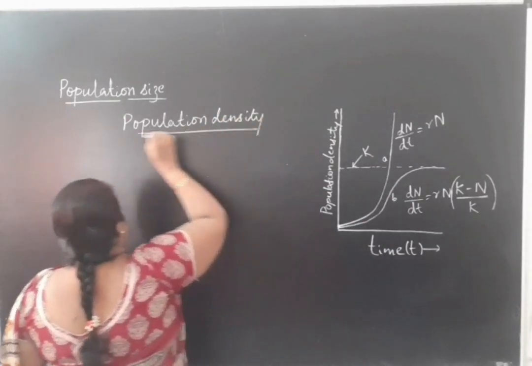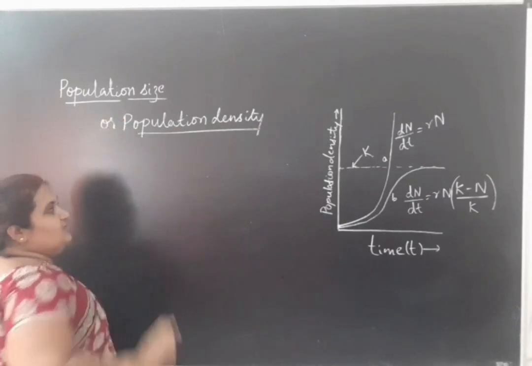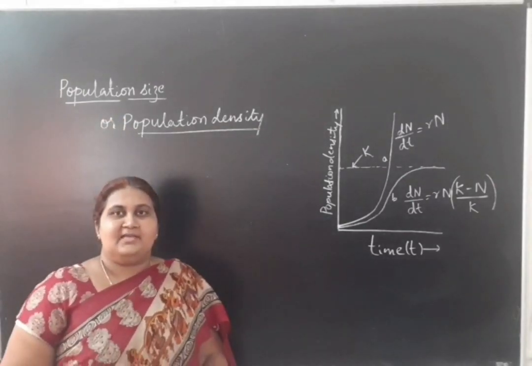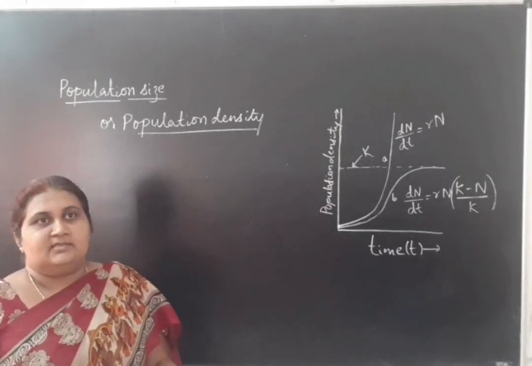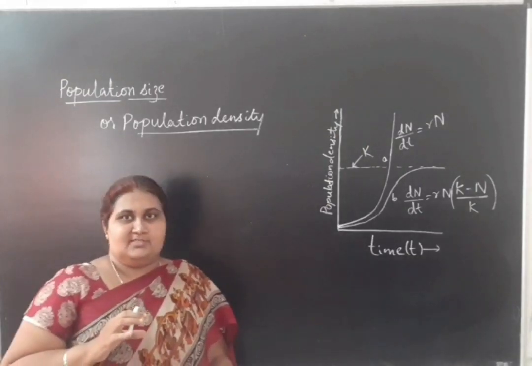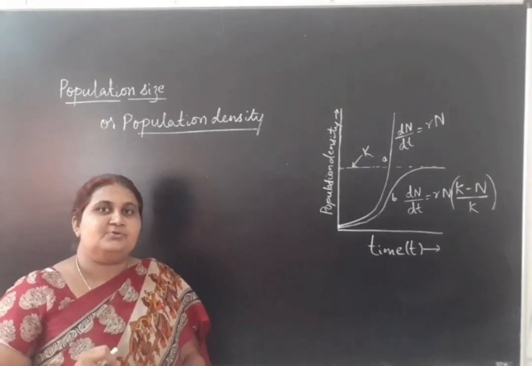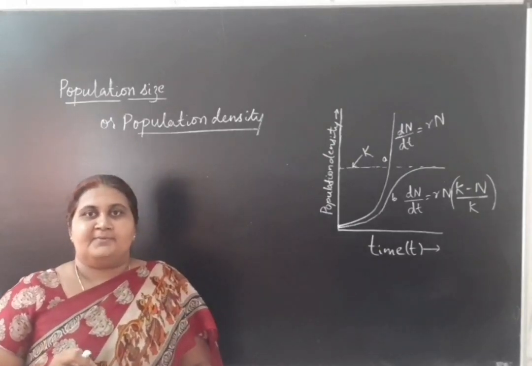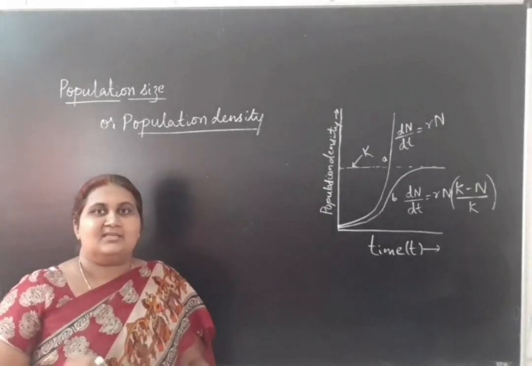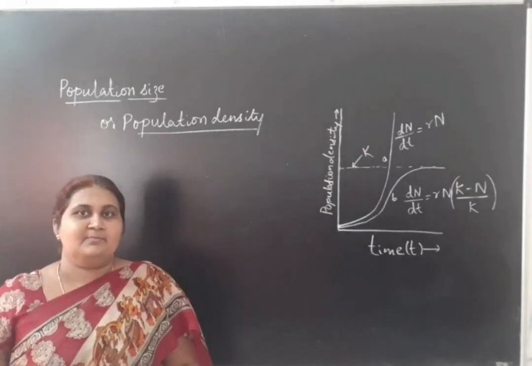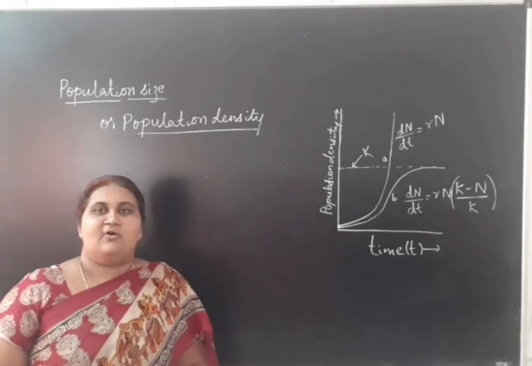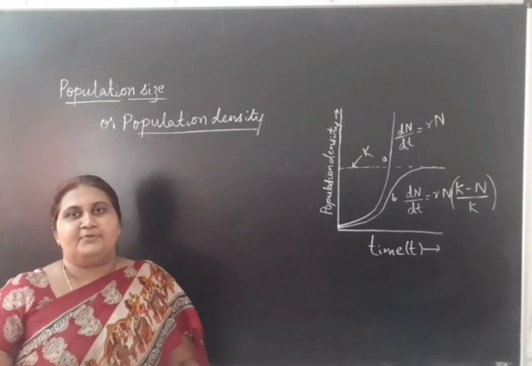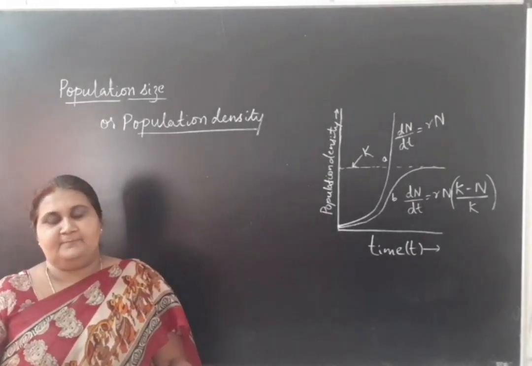Whatever the total number of individuals present within a population in a given area in a given time, that we consider as population size, or it's also known as population density.